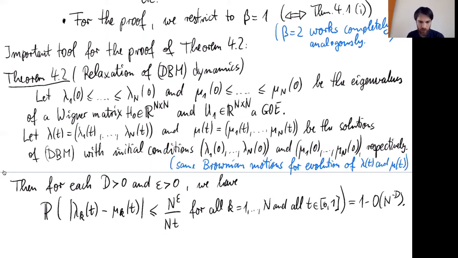So the t will only have to be n to the minus 1/3 or a bit bigger, and that will already give us convergence. And then you see that because the H0 is a GOE, actually even at time t you still have the eigenvalues of a different GOE then, and that will give us the way to compare these two results.